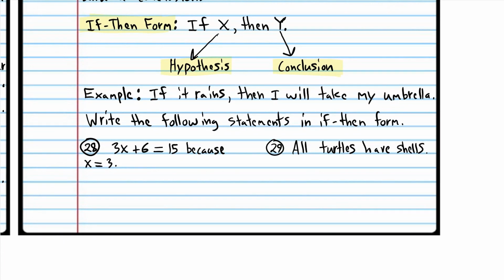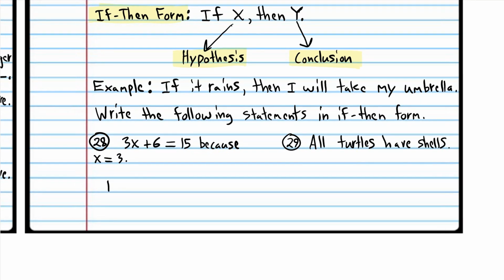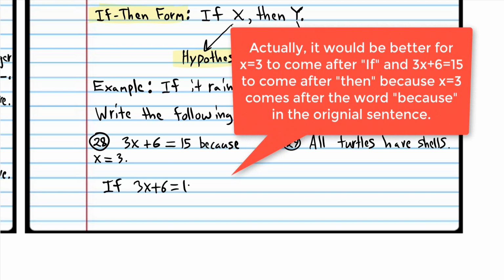So now let's do some practice problems. Write the following statements in if-then form. 3x plus 6 equals 15 because x plus 3, or x equals 3. So let's write that in if-then form. If 3x plus 6 is equal to 15, then x is equal to 3.